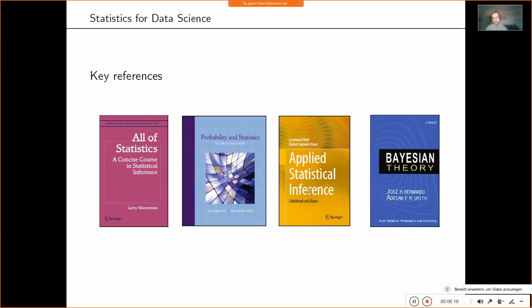Certain things when it comes to Bayesian statistics, but also when it comes to estimator properties and things like Fisher information and so on, are from this also very nice book by Held and Bové. And a really good Bayesian book is this.